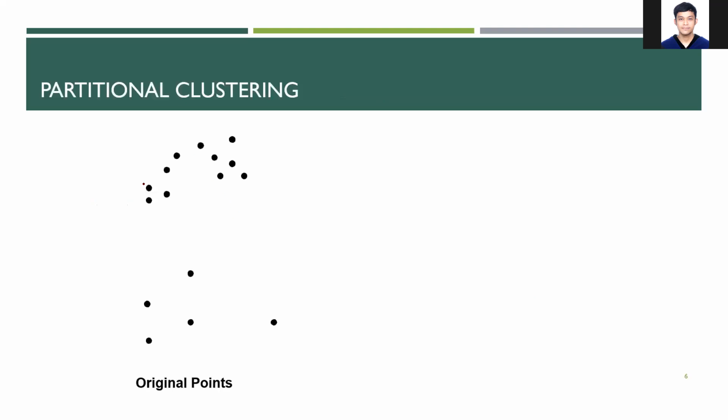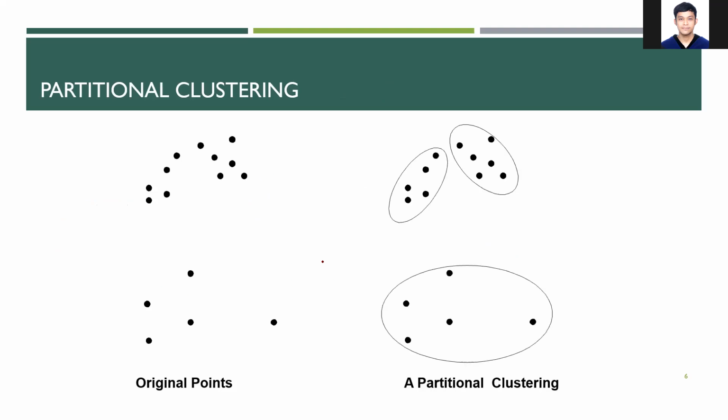For example, this is partitional clustering. This is the original point. If we use partitional clustering, then we can slice the data: this is cluster 1, cluster 2, cluster 3, so no data belongs to more than one cluster.